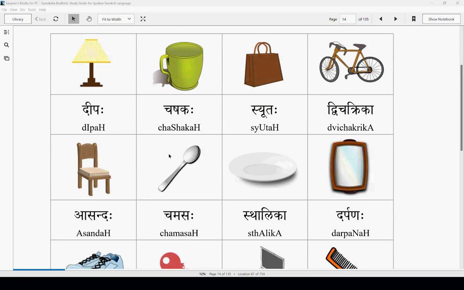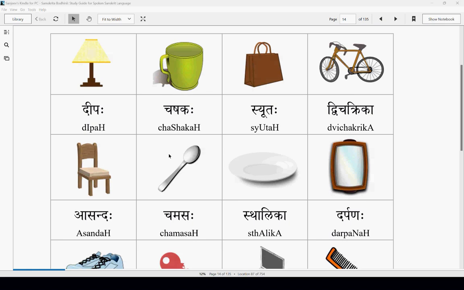That word is a Namapadam, and that word is in what Vachanam, what number? It represents 1 quantity, so it is singular. In Sanskritam we call it Ekavachanam. So Deepa, that word is in Ekavachanam.